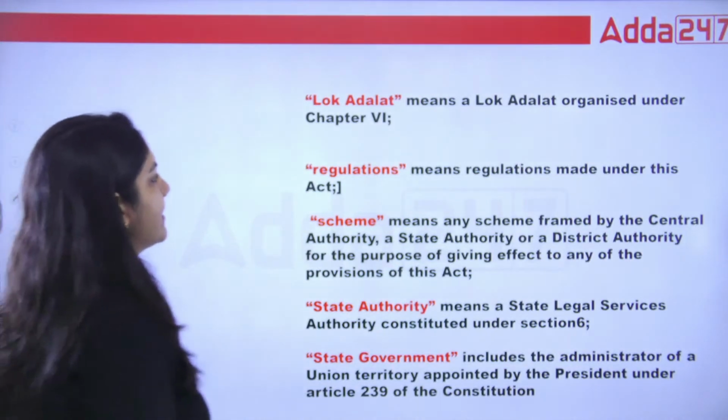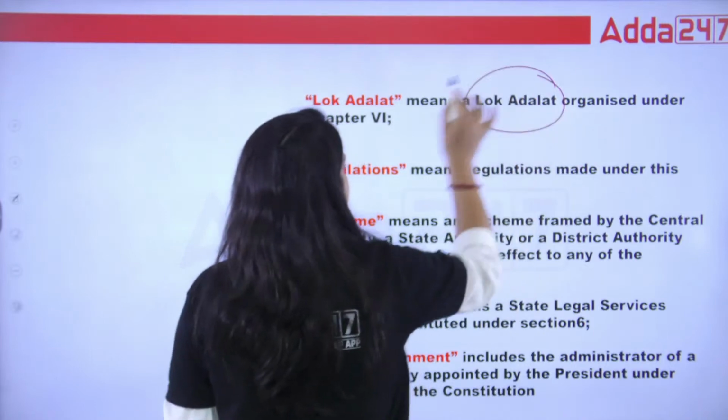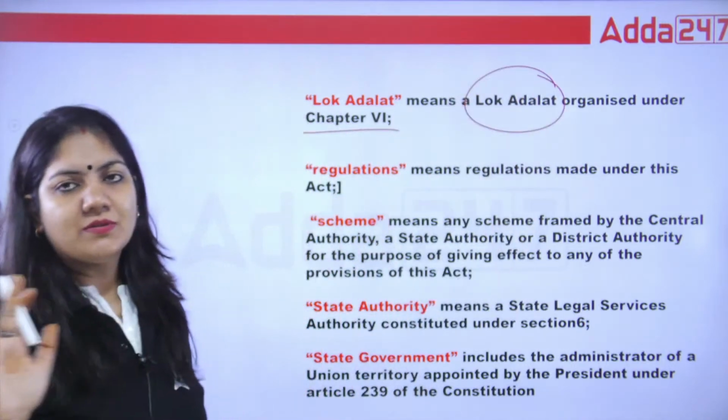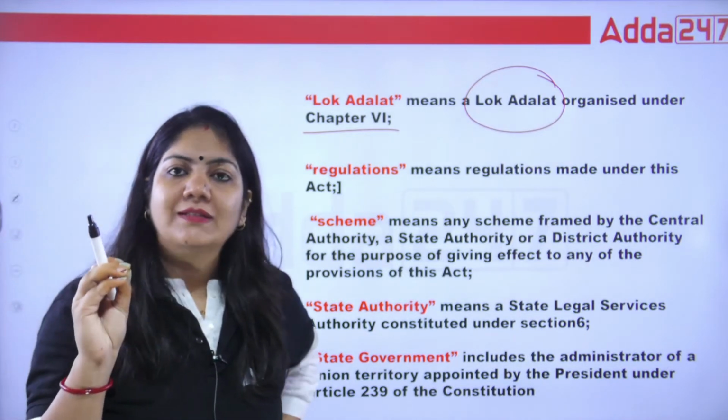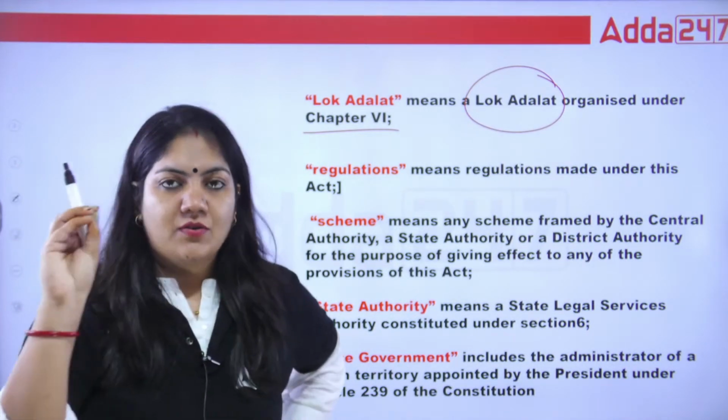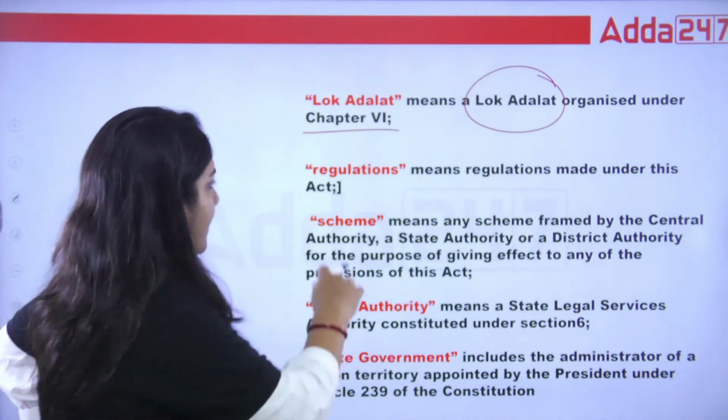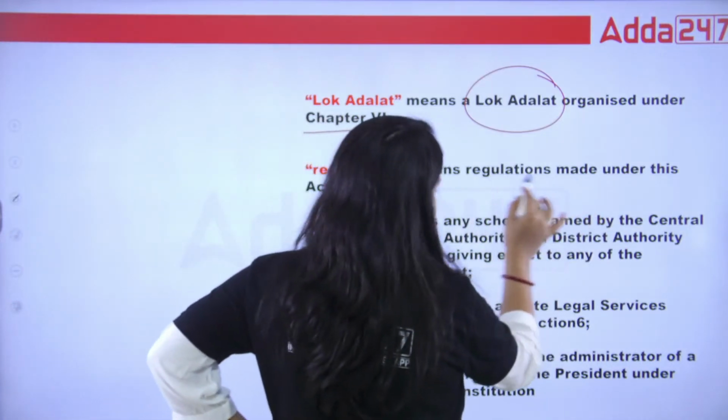Lok Adalat is given in chapter 6. No need to learn the chapter. You only have to remember in which Act the Lok Adalat is there: the Legal Services Authorities Act, that's it. Regulation is that which is made under this Act.